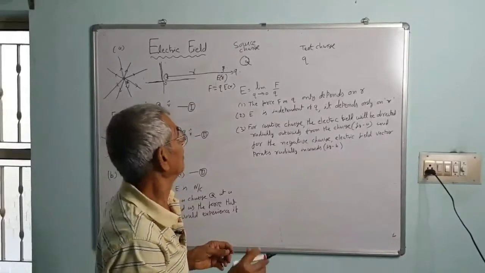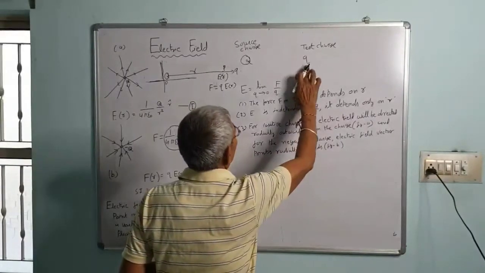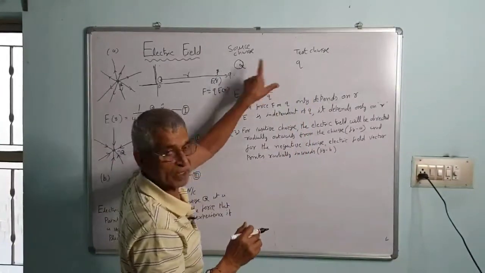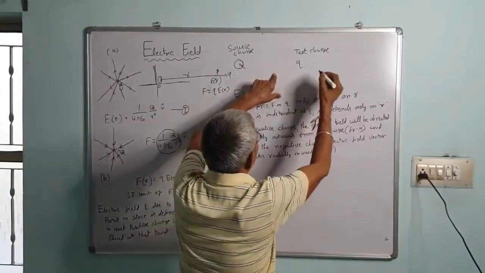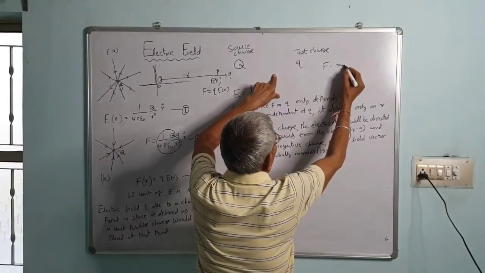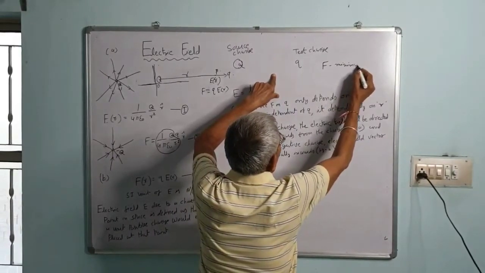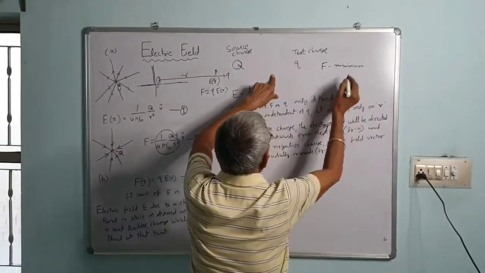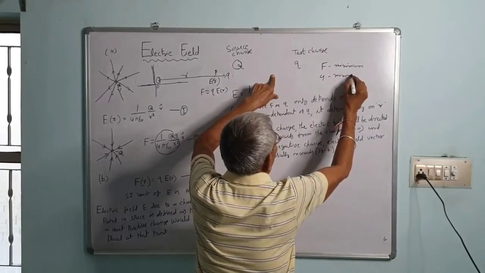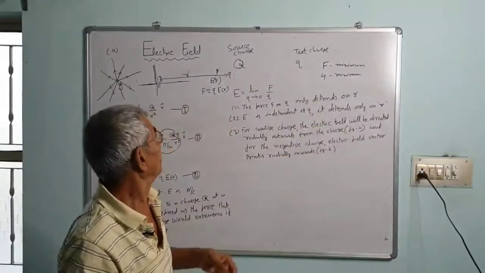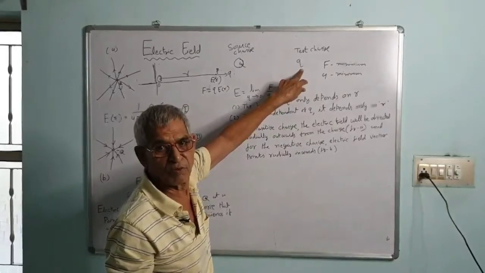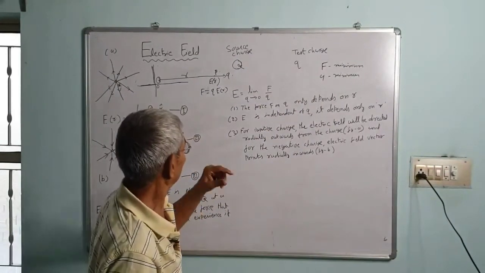So, for this purpose, the small q should be very small to minimize the force exerted on Q. To make the force minimum, the test charge q should be made smallest.